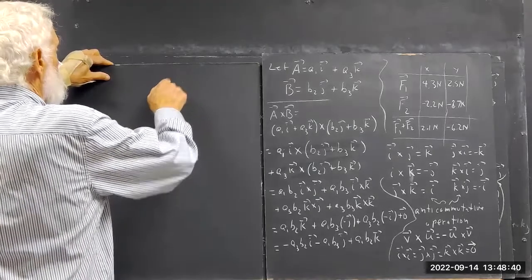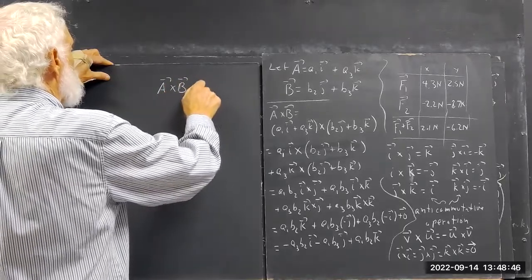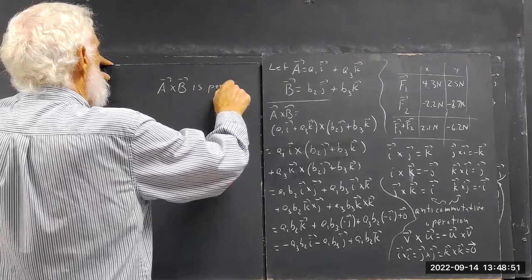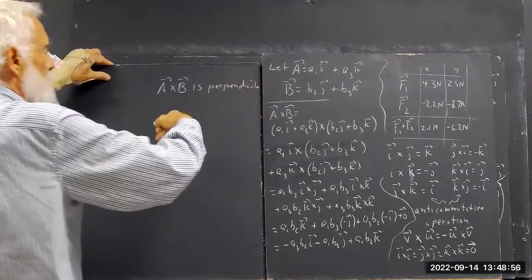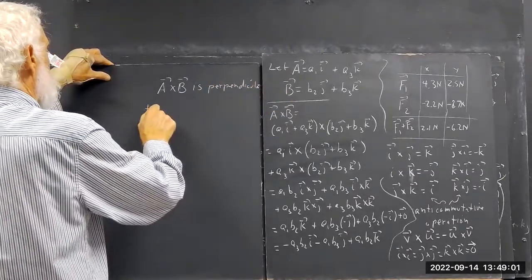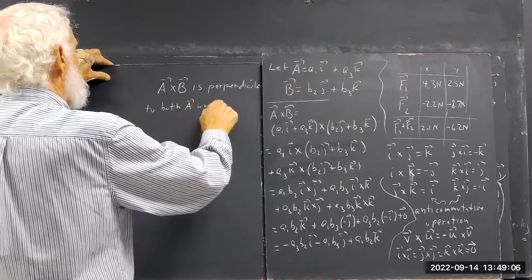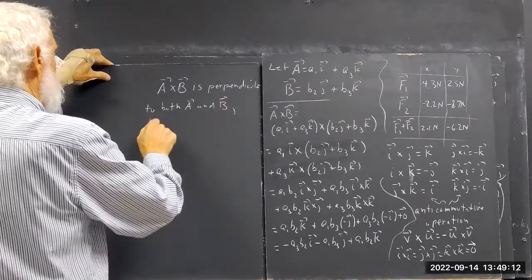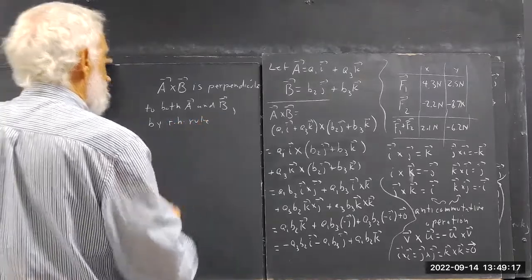But the other thing about the cross product is that it's perpendicular to both A and B, by the right-hand rule.